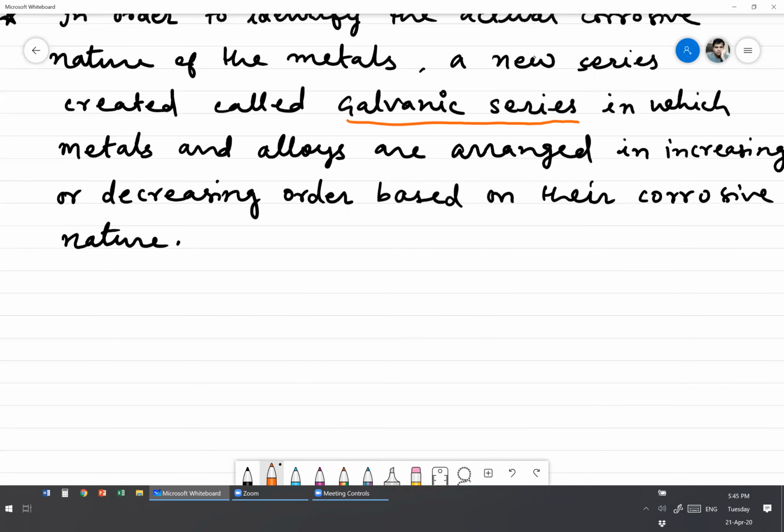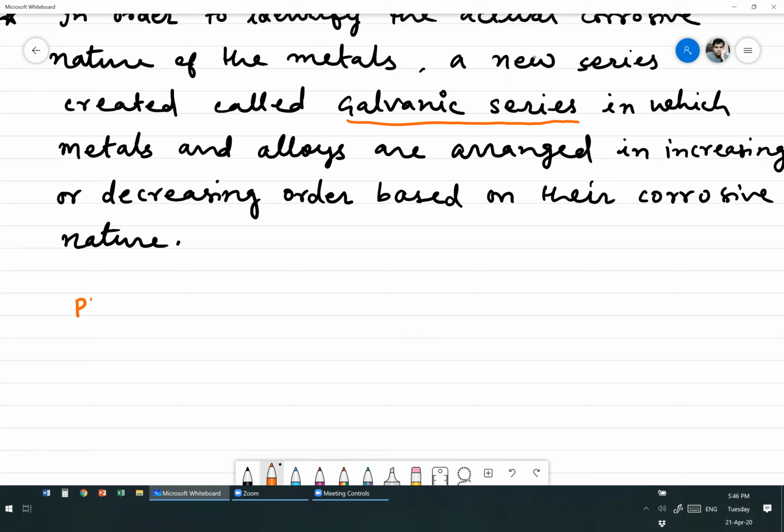In this series not only metals but alloys are also included. Here I'm going to write a few metals and alloys in order. There are plenty of metals and alloys placed in this galvanic series; I am just taking a few examples here.